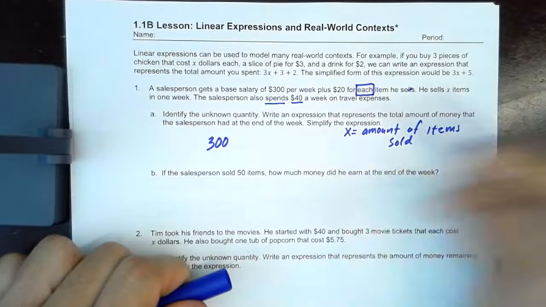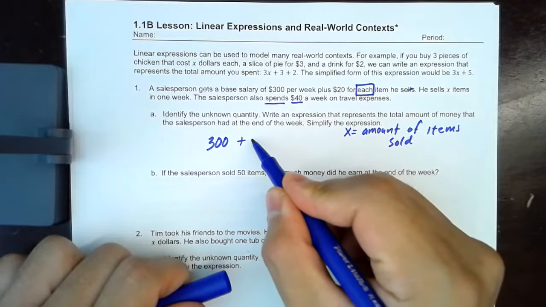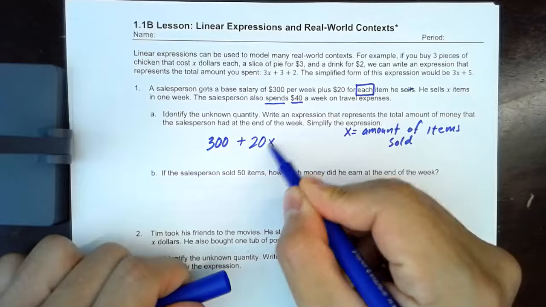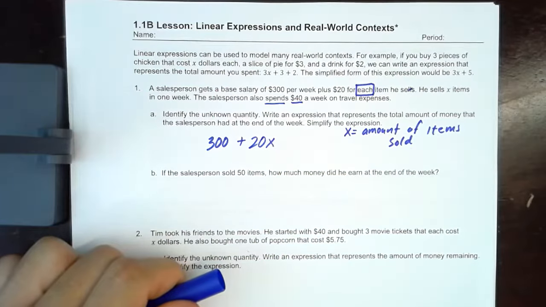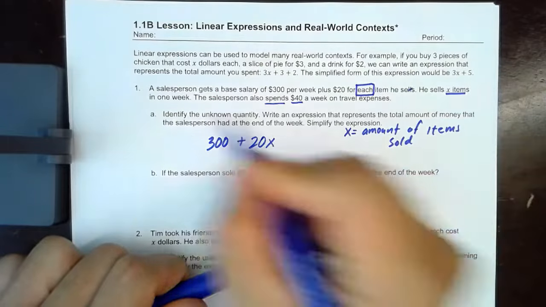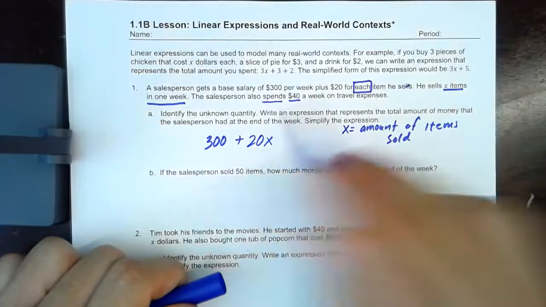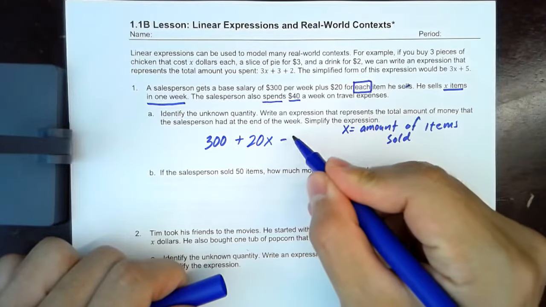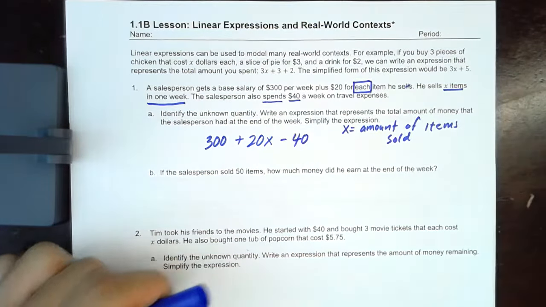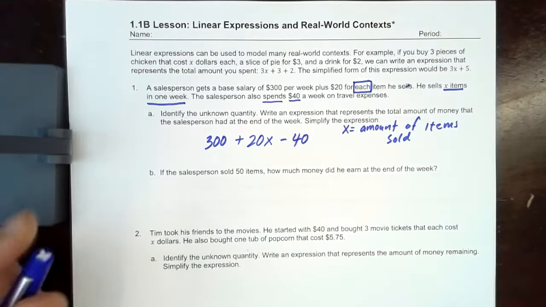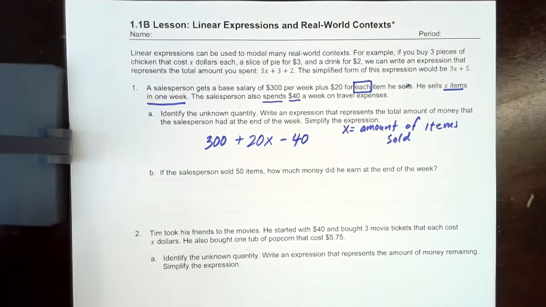And we get $300 plus $20 times every item. He sells X items in 1 week, so that's what we should underline. We then have to subtract $40 because that is your cost of operating, your operational costs. You have to spend $40 a week on gas or airfare, whatever the case may be.